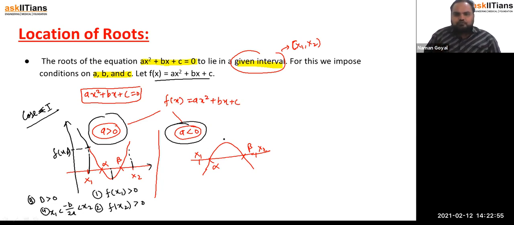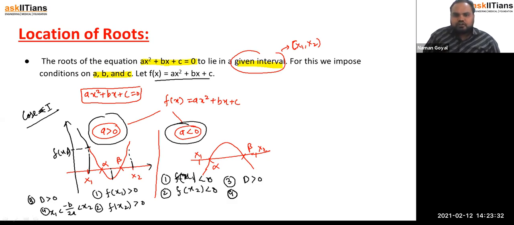For this case, first, the value of f(x1) is negative now, because the point at which x1 lies on the graph is below the x-axis. So the value of f(x1) is negative. And second, the value of f(x2) is also negative. The third condition is D is positive.